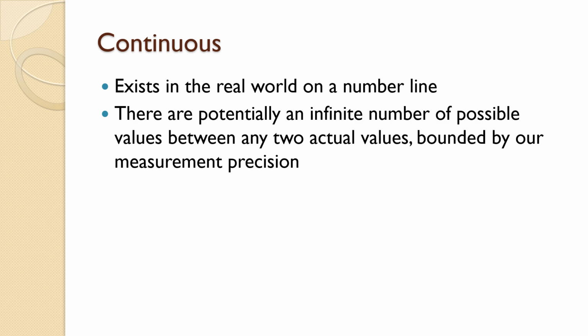And the easiest way, and if you just memorize this, you'll never forget: the way to think about what makes an attribute continuous is, in some hypothetical scenario, if you had a perfectly precise measurement device and an infinite number of samples, would the measurements that you could obtain lie on a number line? If the answer to that is yes, then the nature of that variable, phenomenon, or attribute is continuous. If the answer is no, then you have a discrete variable. Okay.